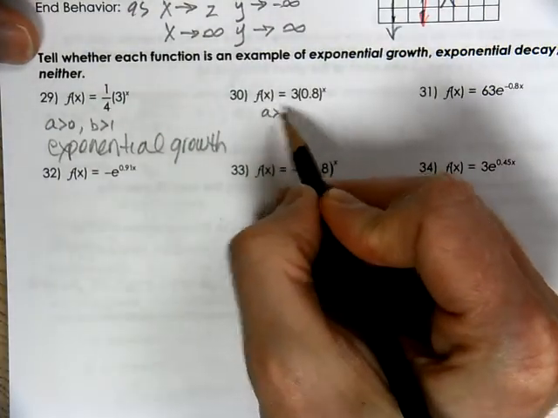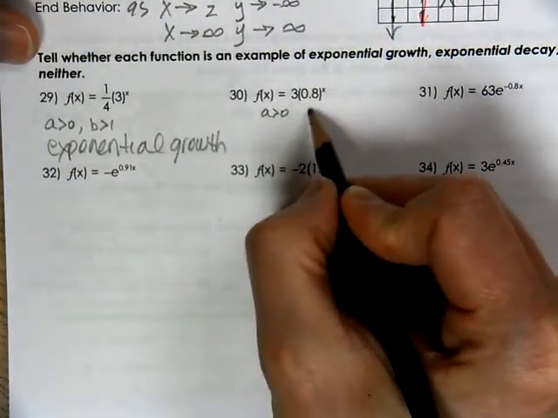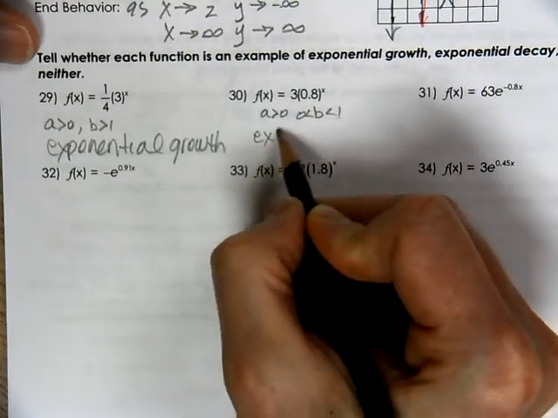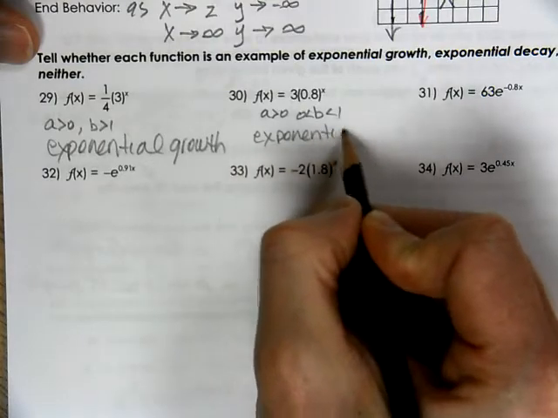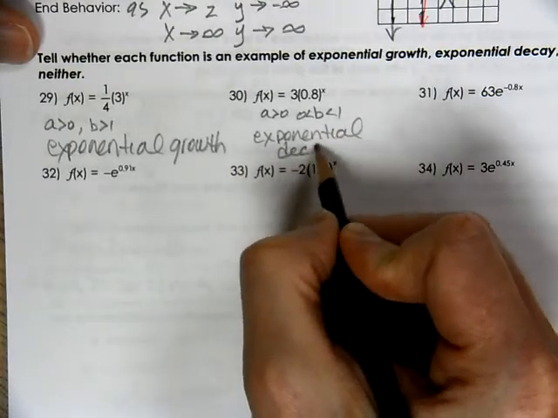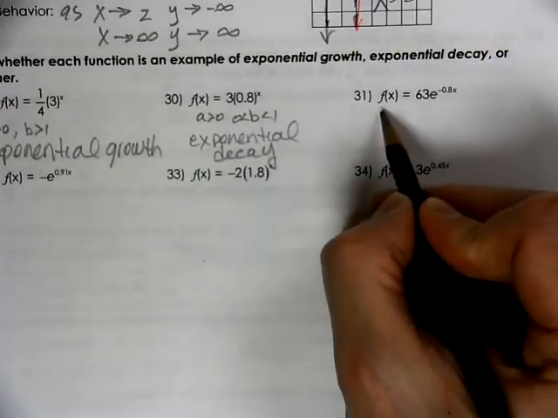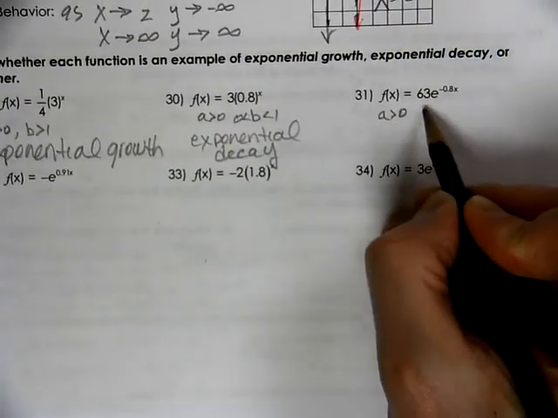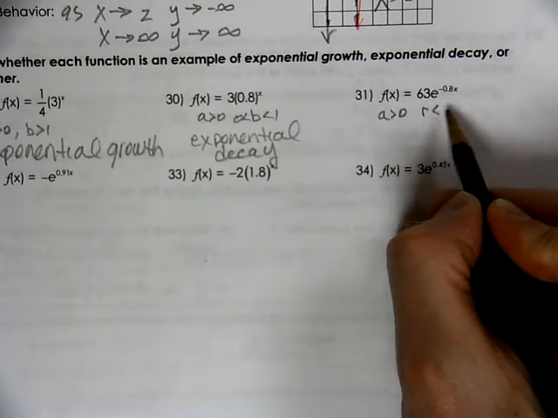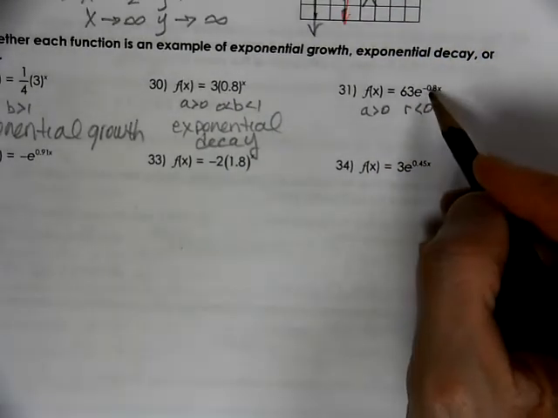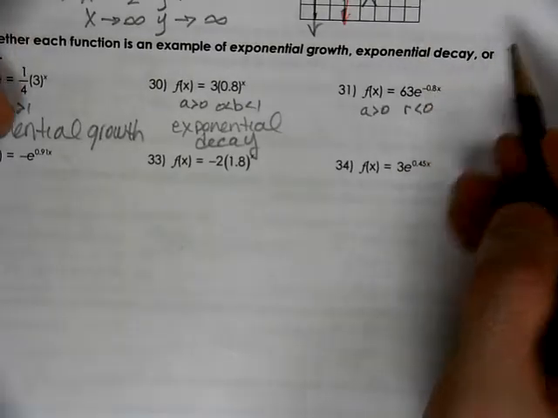Here we have an a value greater than 0 and a b value between 0 and 1. That's exponential decay. Here we have an a value greater than 0 and an r value less than 0. So this is going to be exponential decay.